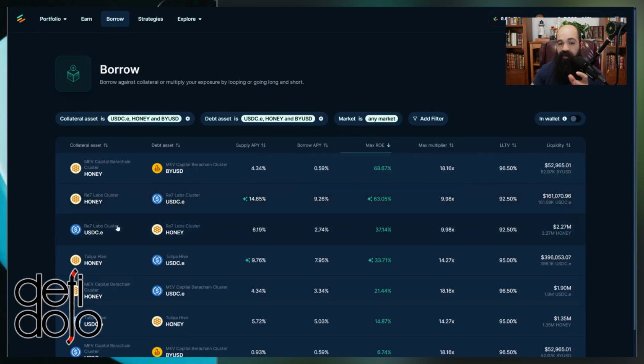If the interest rate spikes on one of them, then the supply rate will spike on the other one. So you have to know how all these things work, which is just time in the markets. So that's cool. I'm in these ones.